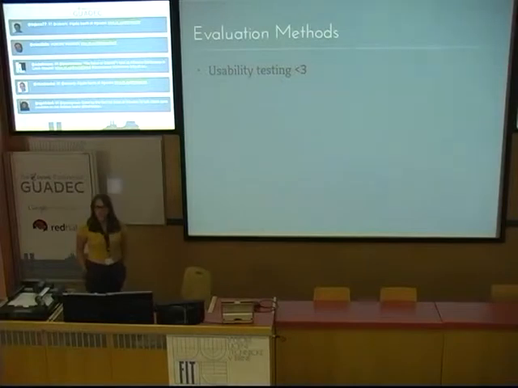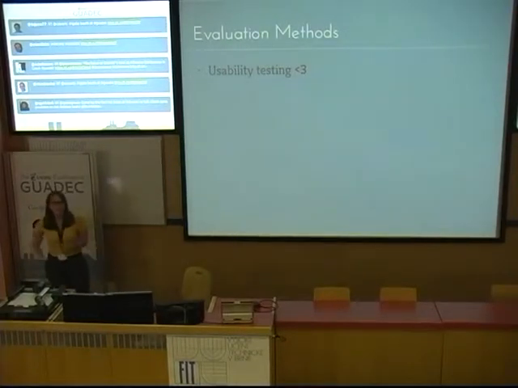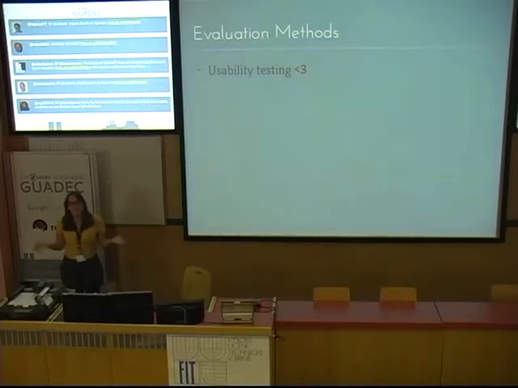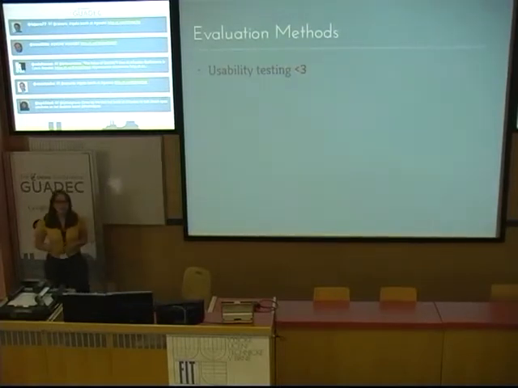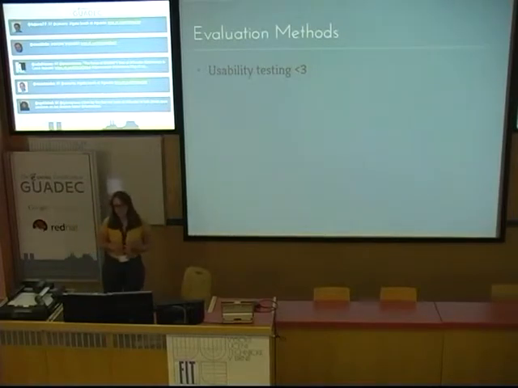And speaking about free and open source software and how we work and how we develop software and how we iterate and how our release cycle is, usability testing is not quite suitable for how we work. It takes a lot of time to plan, to execute, to analyze the data collected.